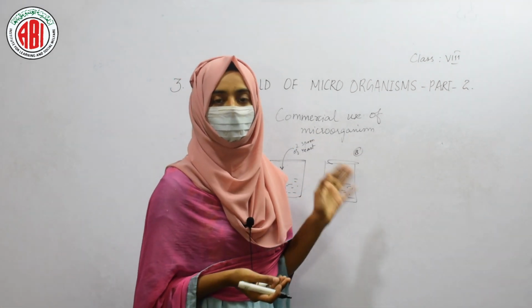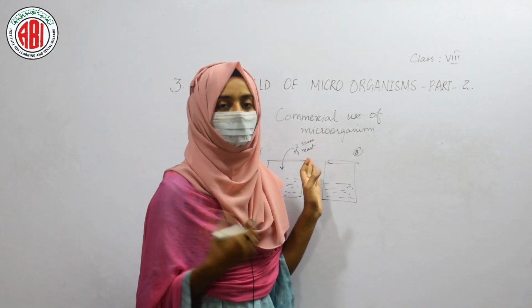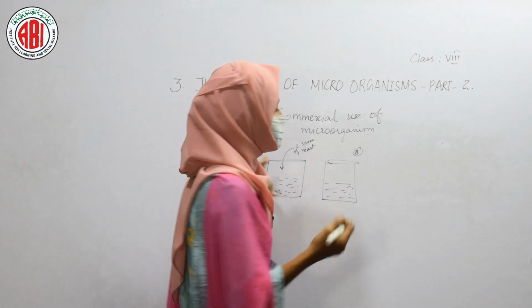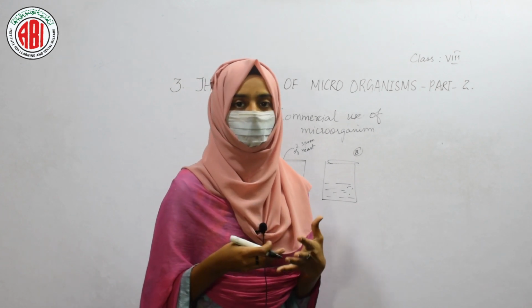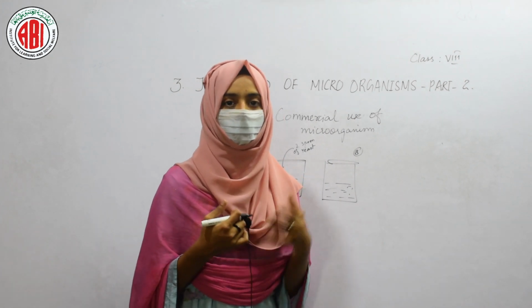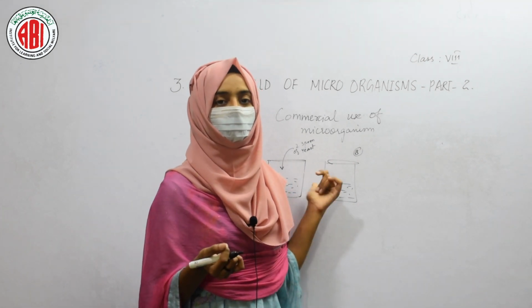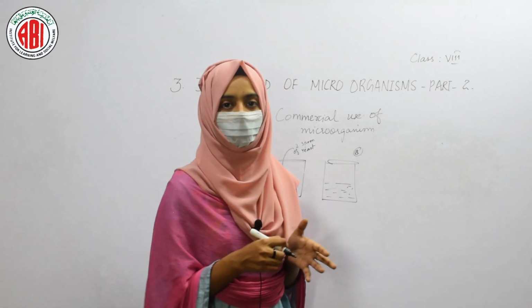After some time we can observe the smell. The beaker A, in which we have added the yeast, shows a different smell. We get a different smell from the sugar solution in beaker A because we have added yeast in it. That smell is similar to that of alcohol.